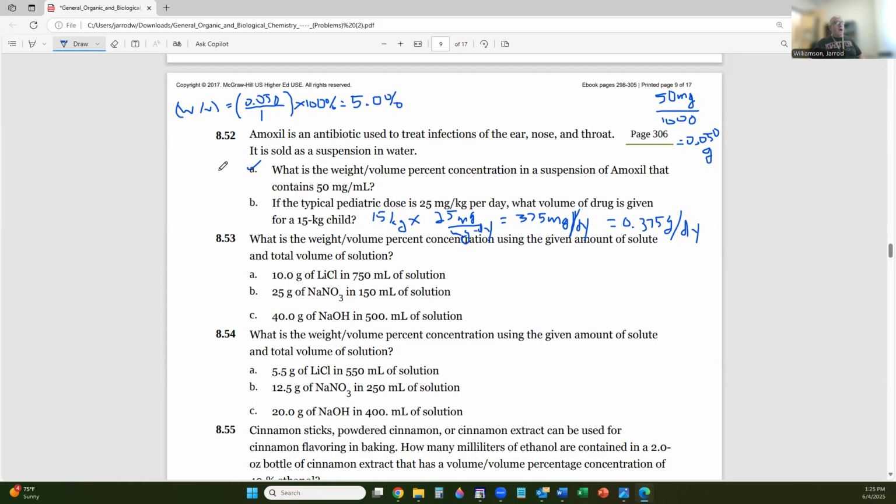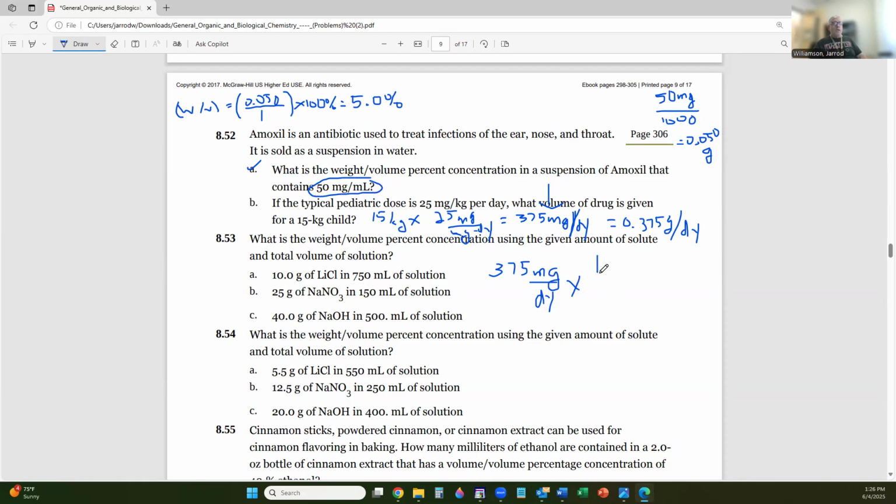Okay. And the amoxicillin over here was 50 milligrams per milliliter. Oh, so we can just use this. I was converting it into grams because the weight volume was in grams, but made it too hard. So I'm going to go 375 milligrams per day times, no, I'm not going to use milligrams per milliliter right side up.